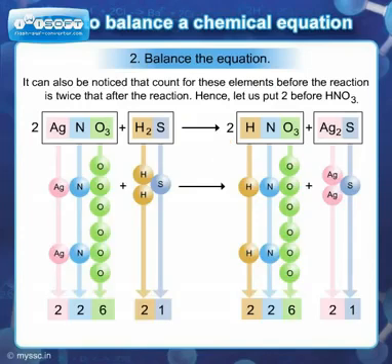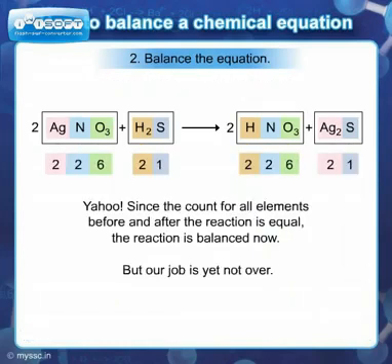It is seen that all the elements have equal number of atoms in reactants and products. Yahoo! Since the count of atoms for all elements before and after the reaction is equal, the reaction is balanced now. But our job is not yet over.